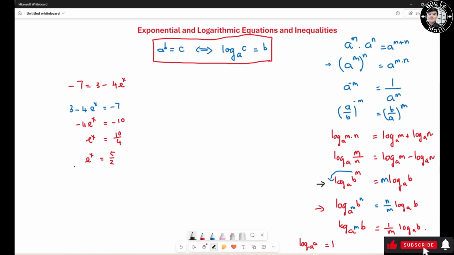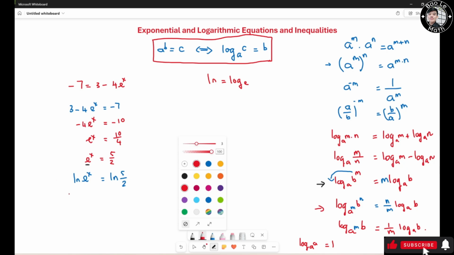So I look at the left hand side right here. I need to solve for s, right? So I look at the base right here, e. So I need to take natural log of both sides, right? So natural log of e to the s equals natural log of 5 over 2. Now keep in mind, natural log means log base e. Alright, so this guy is the same thing as log base e of e, right?